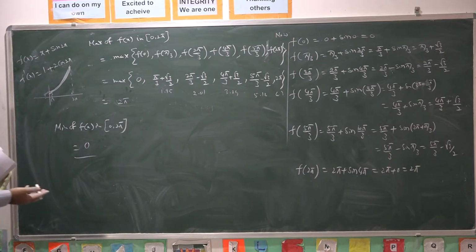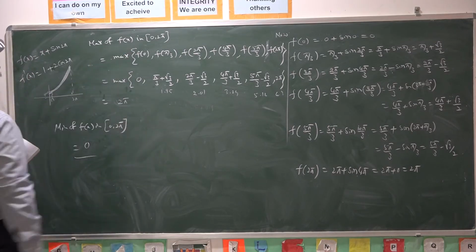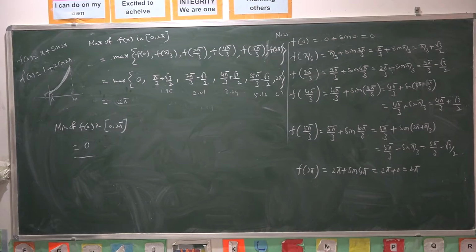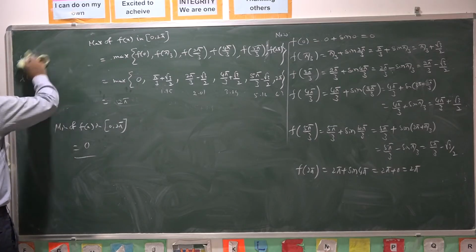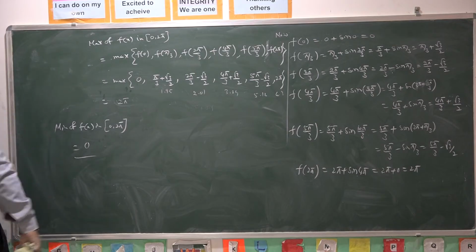Here the function is completely increasing because at 0 it takes minimum and at 2 pi it takes maximum.